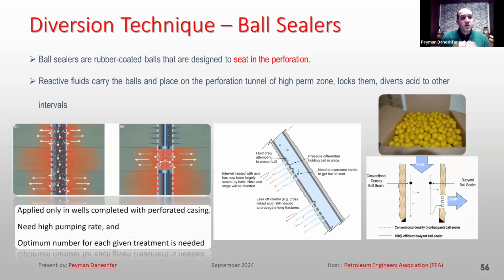If you see, ball sealers are applied only in wells completed with perforated casing. So in an open hole, forget about the ball sealer. And in my opinion, ball sealers nowadays are not a good diverter for us.